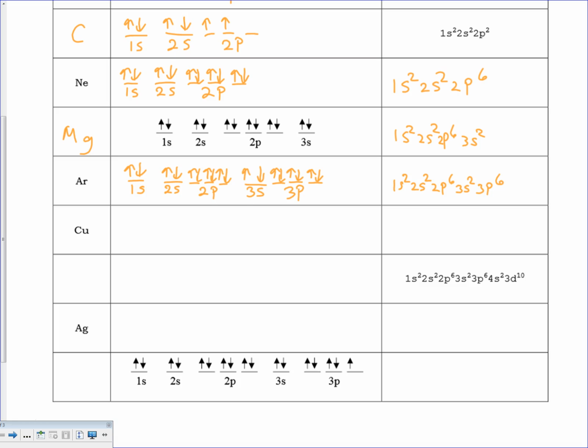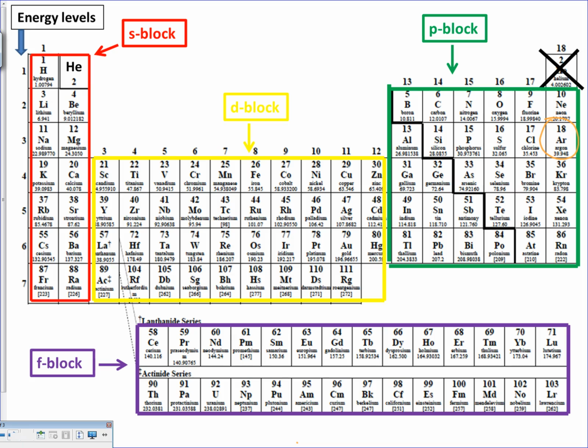Copper, getting bigger. We find copper here. It is 9 steps into the 3D sublevel. Remember, we go down 1 from the row number. It says 4 here, but for d's, it's always 1 lower. So it's the 3D sublevel, 9 in.